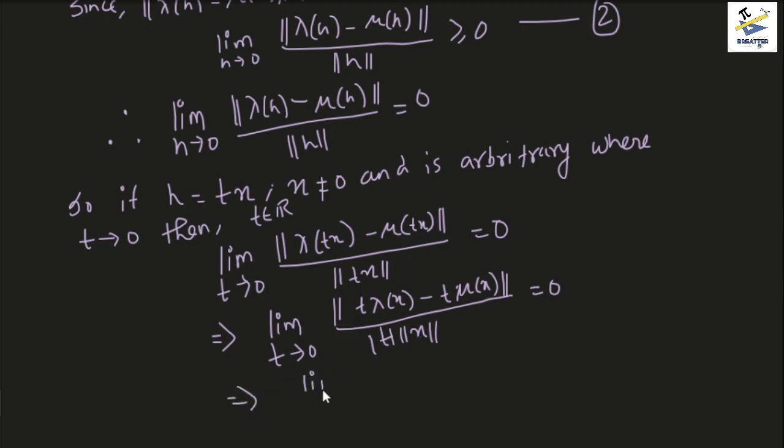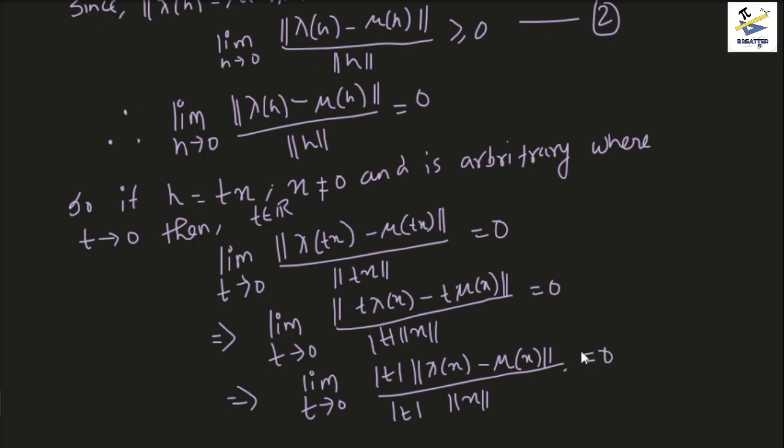And this would become mod of t into the norm of lambda of x minus mu of x, divided by mod of t into the norm of x, equals 0.